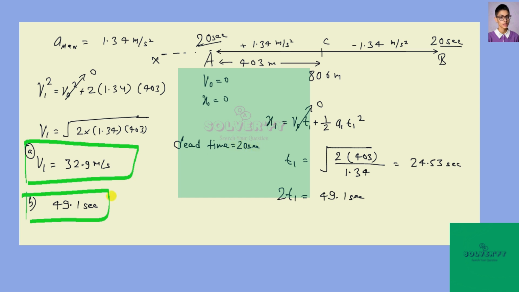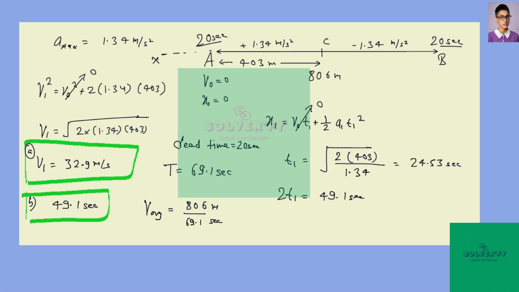Now we have to edit here. So capital T is 49.1 plus 20 seconds, which is 69.1 seconds. Now we have to find the average velocity. The total distance is 806 meters and the time taken is 69.1 seconds.